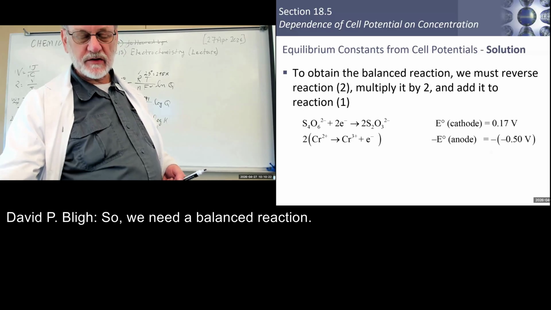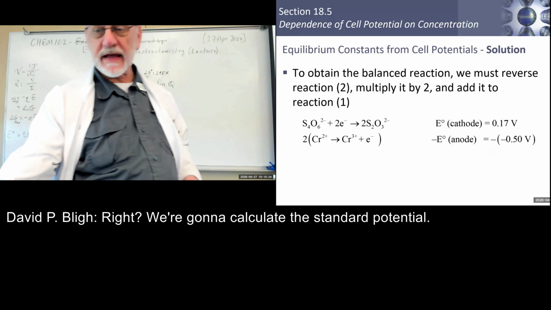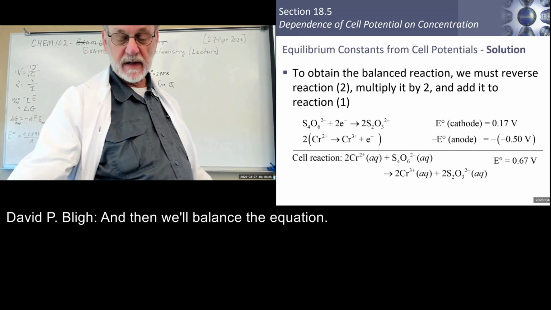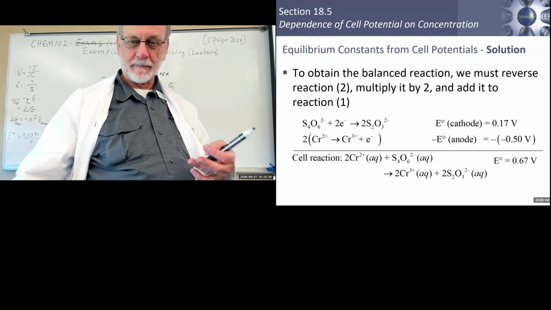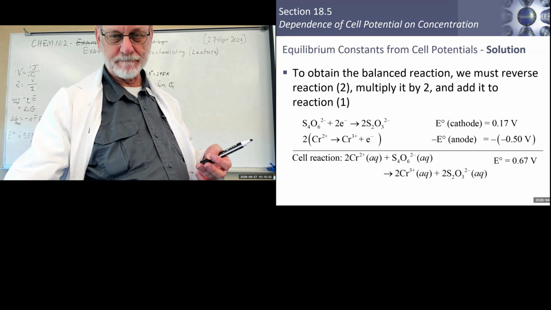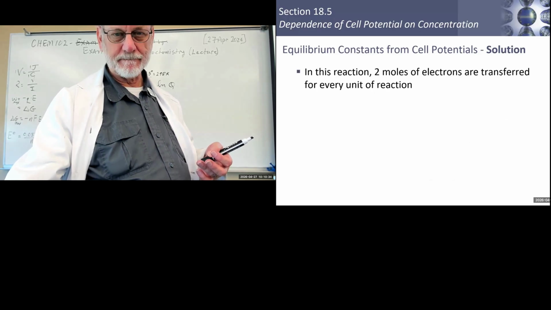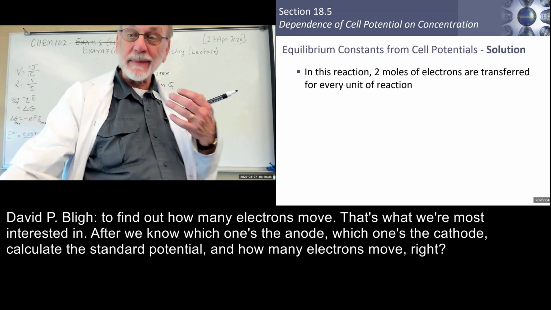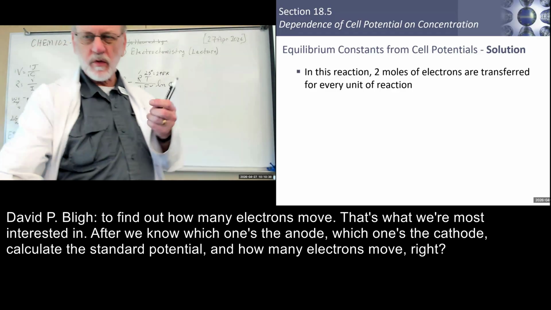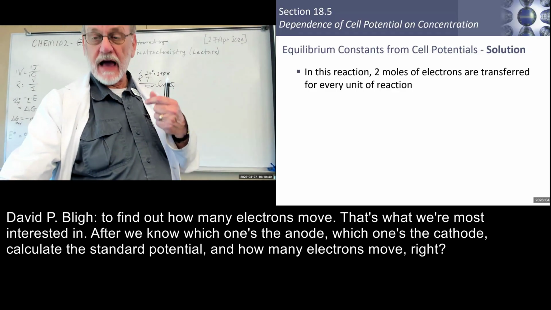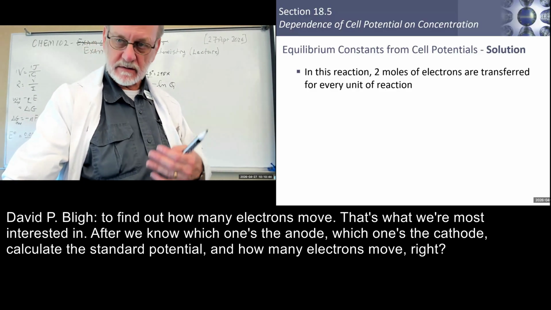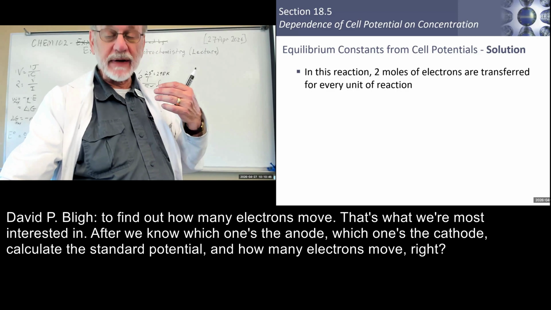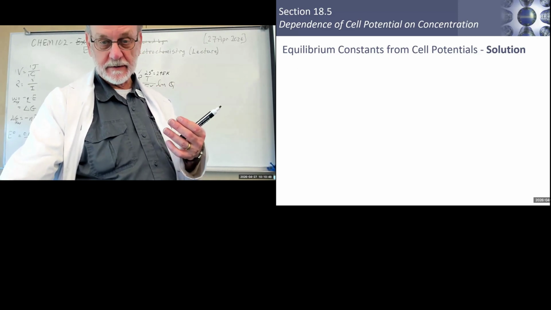So we need a balanced reaction, right? We're going to calculate the standard potential, and then we'll balance the equation to find out how many electrons move. That's what we're most interested in. After we know which one's the anode, which one's the cathode, calculate the standard potential and how many electrons move, right?